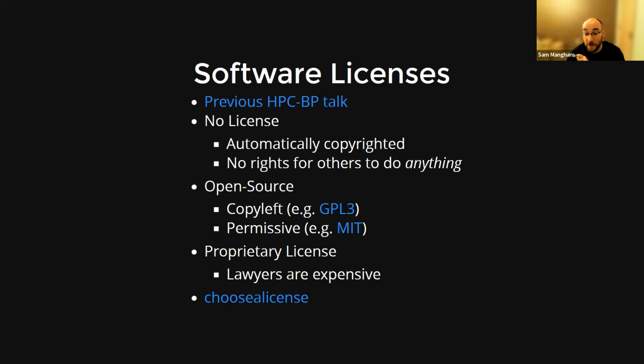Copyleft, unfortunately, also deters industrial collaborators, because if they want to modify your code in order to work with things like internal data pipelines or internal data sources, those modifications have to be publicly available, which means they end up leaking commercially sensitive information. So if there's a risk that your code might be used by industry, copyleft licenses like GPL3 can be a bit iffy.